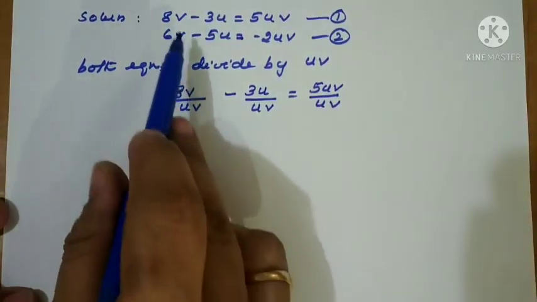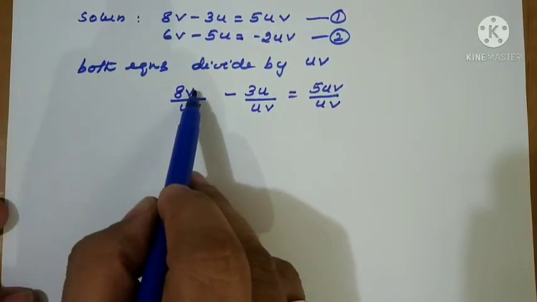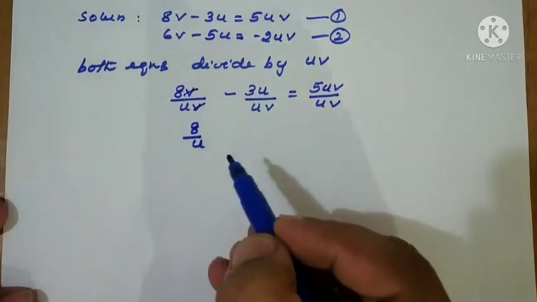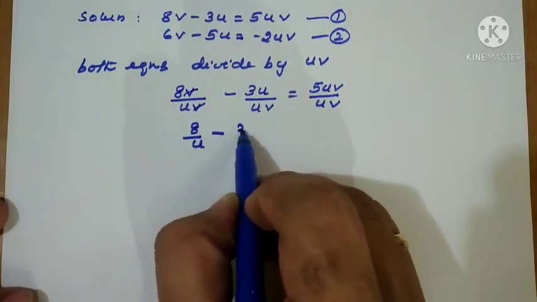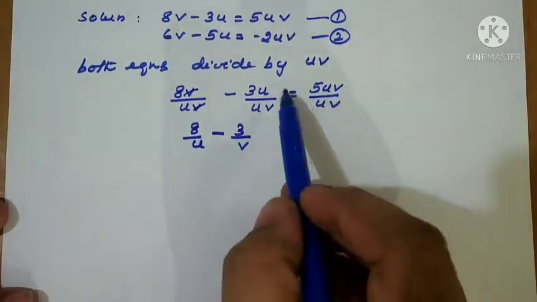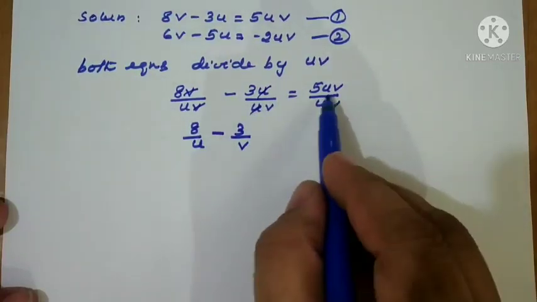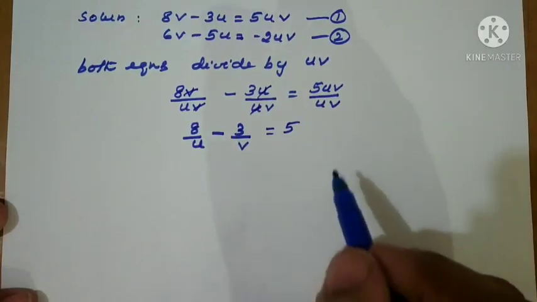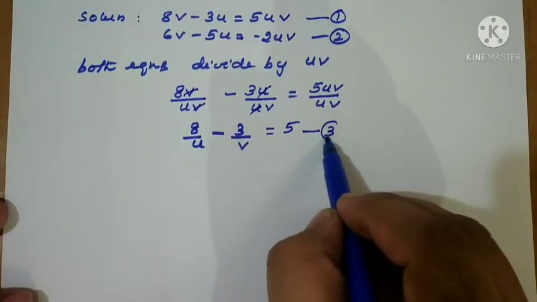So 8v divided by uv, v will get cancelled, so it is 8 by u. Next, minus 3 by v, the u are cancelled. Now uv by uv will get cancelled. So this is our third equation.